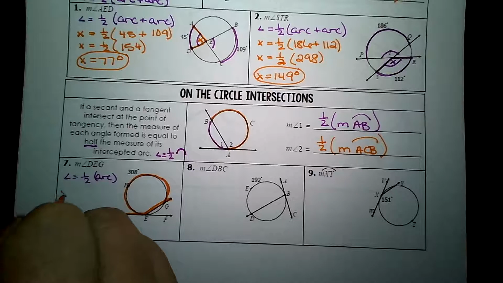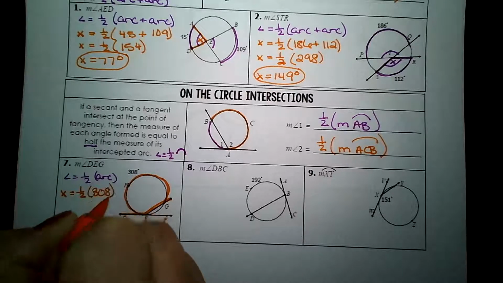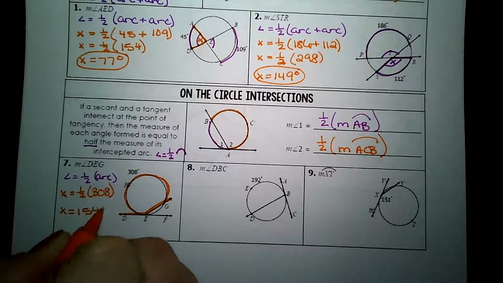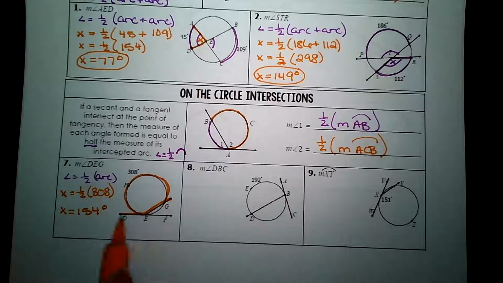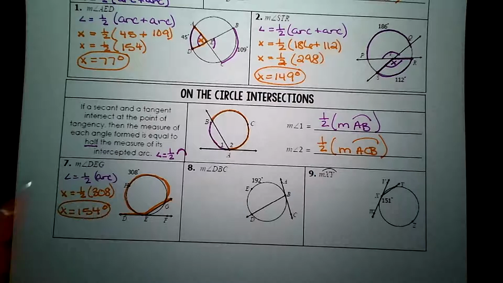I'm looking for the angle, so I put X in the angle position, and the arc is given to me at 308 degrees. There's really no algebra to do here. X is all by itself. I just need to know what half of 308 is. 1/2 of 308 is 154 degrees. So my angle is a very wide obtuse angle, and it is half the measure of its arc.